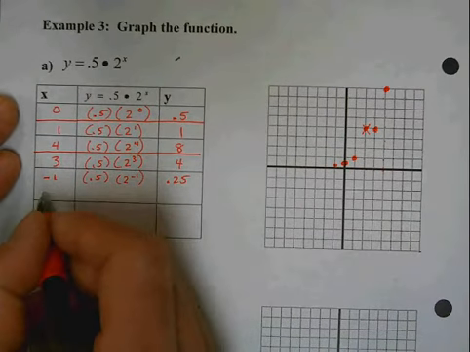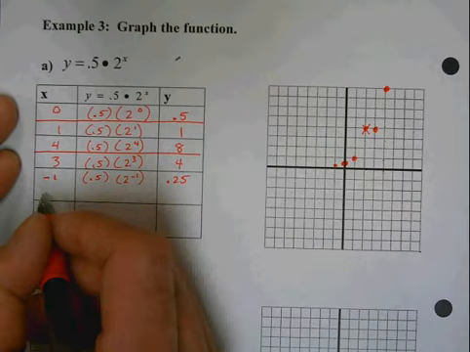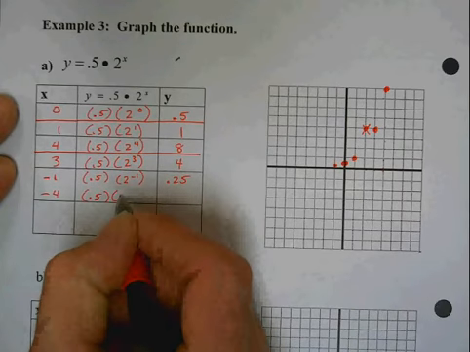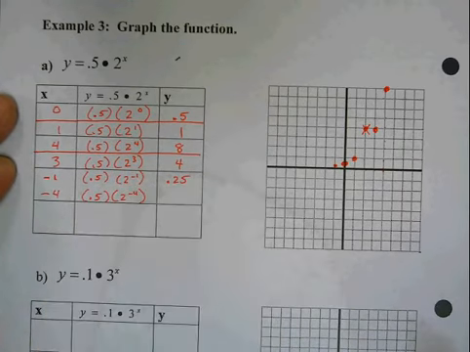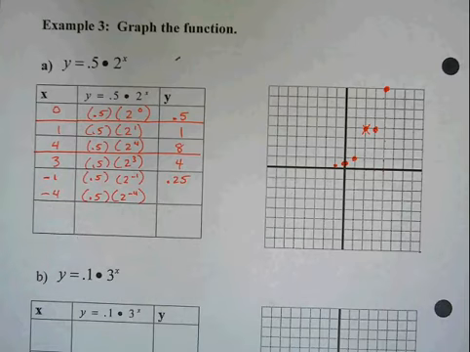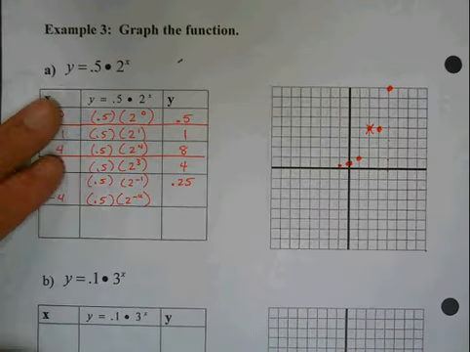What do you want to try next? Negative 4. 0.5 times 2 to the negative 4. What do you get? Justin, where's your calculator? Use it, please.